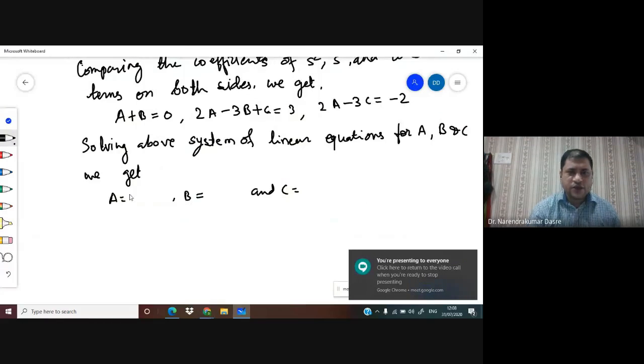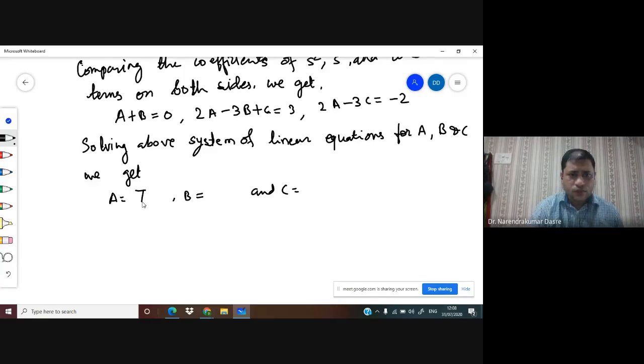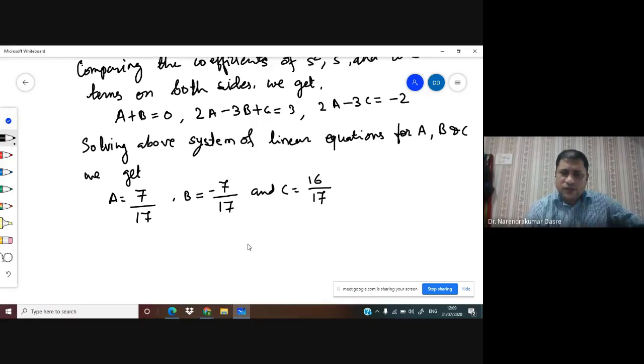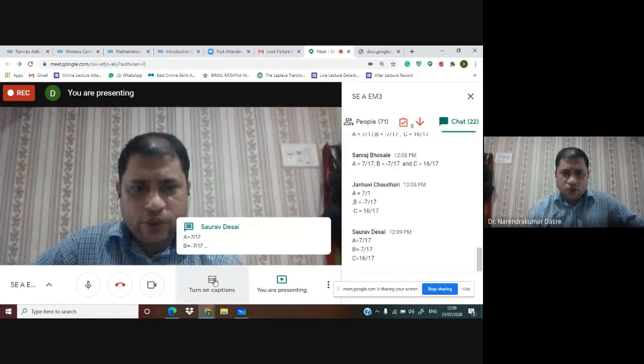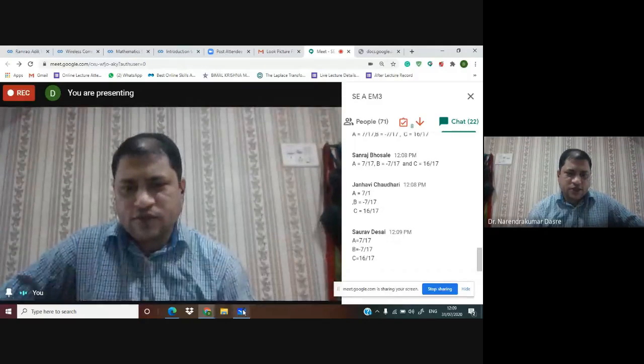Here we got the values: A is equal to 7 by 17, B is minus 7 by 17, and C is 16 by 17. Once we get these values, we are able to write the expression 1.